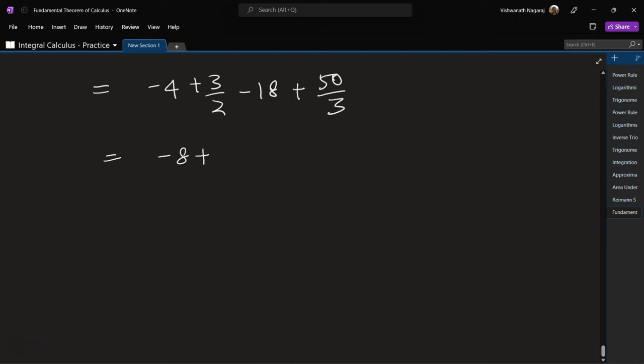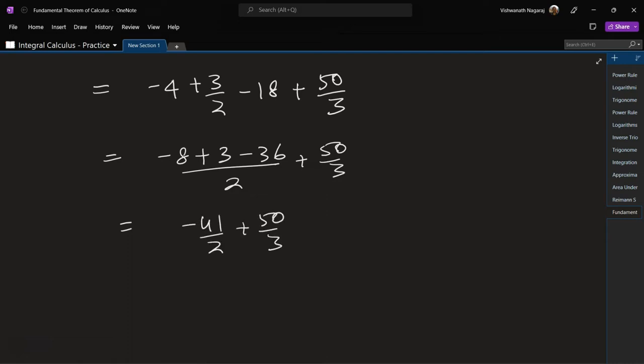Minus 8 plus 3 minus 36 by 2 plus 50 by 3, which gives us minus 5 minus 41 by 2 plus 50 by 3, which gives us minus 4 3s are 12, 123 plus 52 is 100 by 6, which gives us minus 23 by 6.